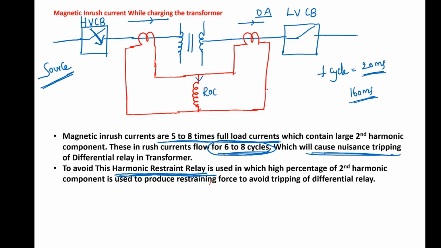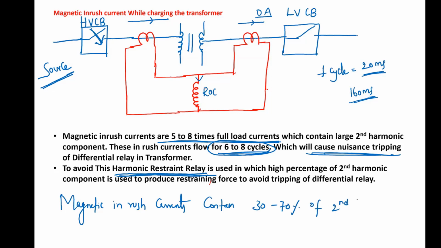The magnetic inrush currents contain 30 to 70% of second harmonic component.